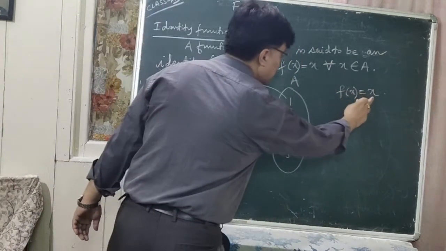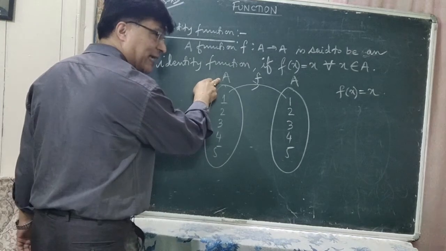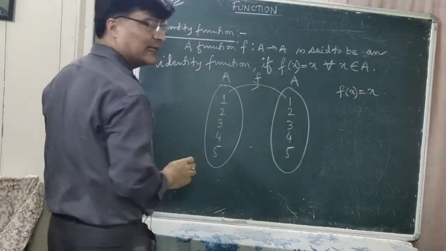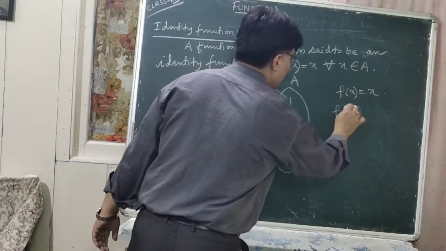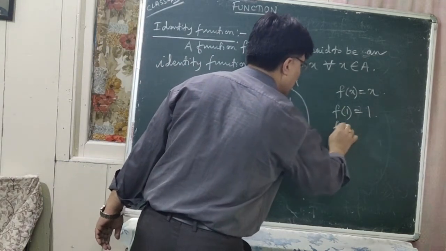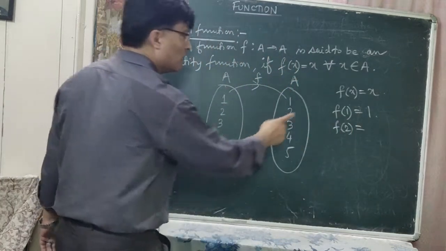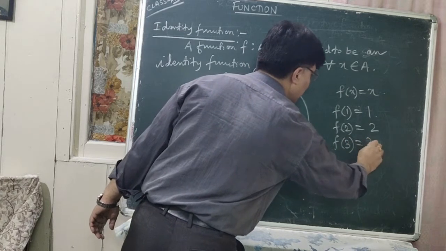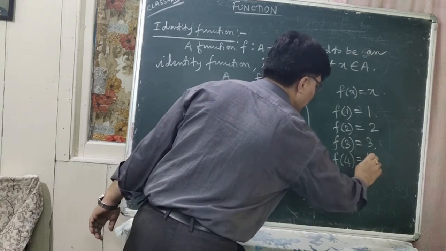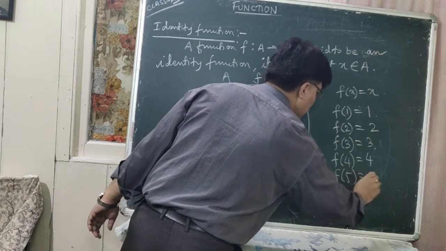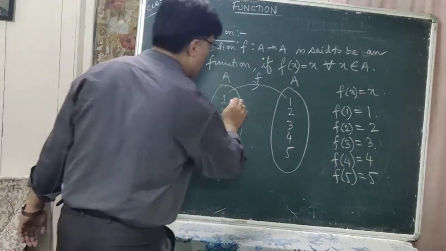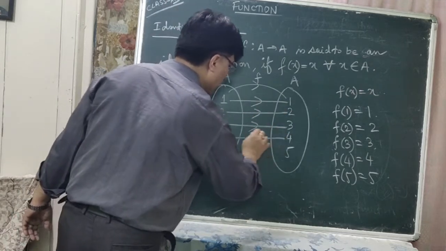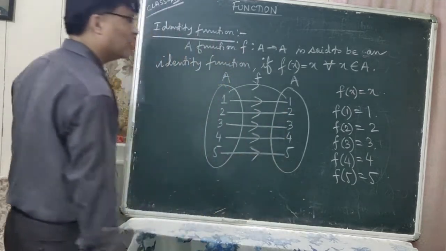So here small x belongs to the first A and f of x belongs to the second A. If you put x equal to 1, f of 1 is equal to 1, f of 2 is equal to 2, f of 3 is equal to 3, f of 4 is equal to 4, f of 5 is also 5. 1 is related with 1, 2 with 2, 3 with 3, 4 with 4, 5 with 5.